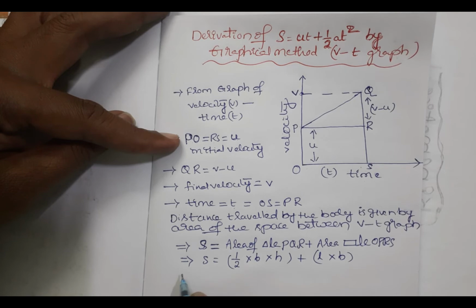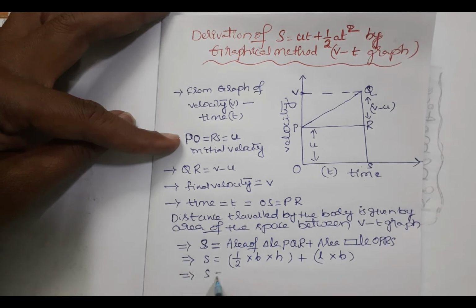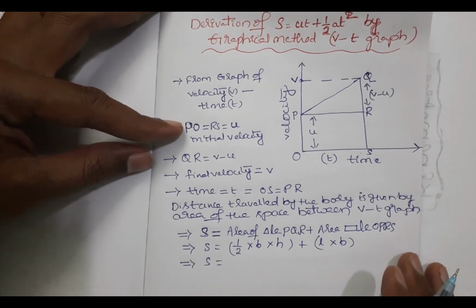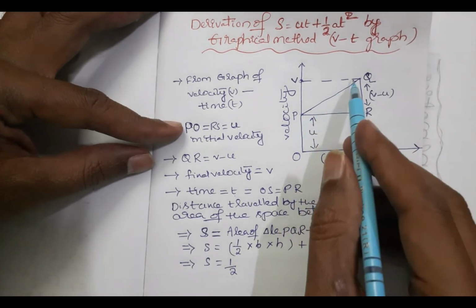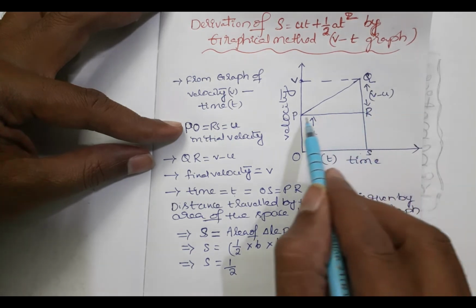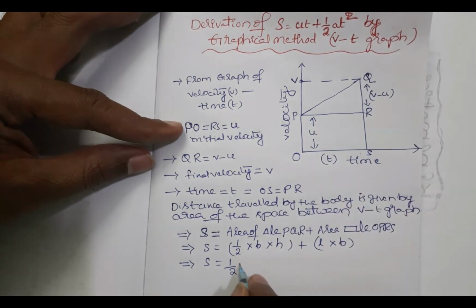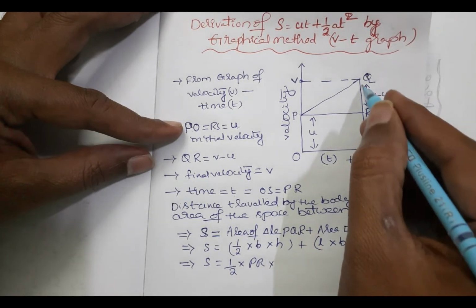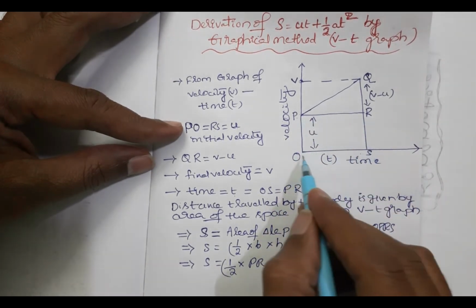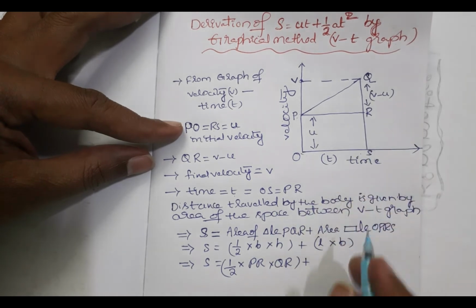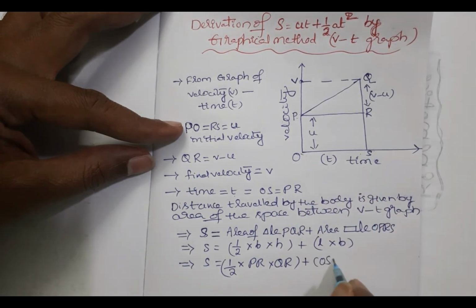So this implies S equals half into, in the triangle PQR, base means PR, height means QR, plus in the rectangle, OS is the length and the breadth is RS.